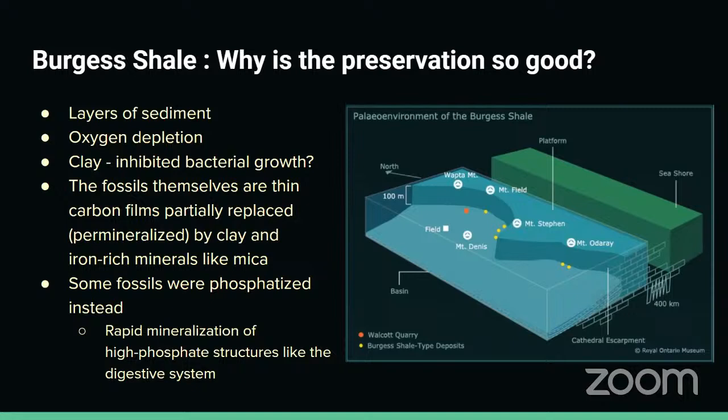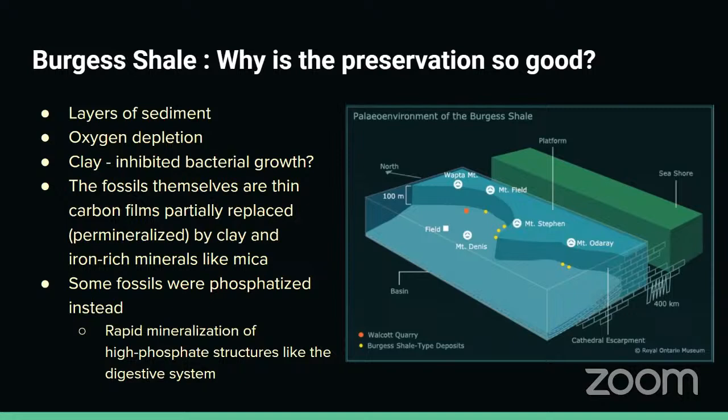The other thing that's true is that sediment here at the bottom of the cliff is full of clay. And there are some people who think that this clay may have inhibited the bacterial growth and therefore inhibited that decay process. The other thing is that we have exoskeletons on some of these fossils, and the fossils themselves have these thin carbon films that got partially replaced by clay and iron-rich minerals.